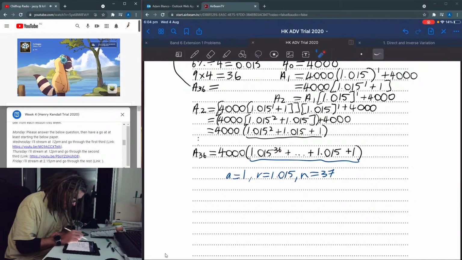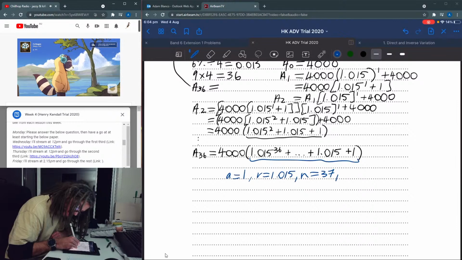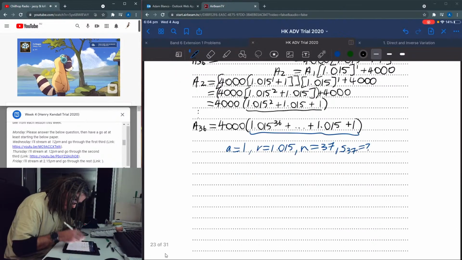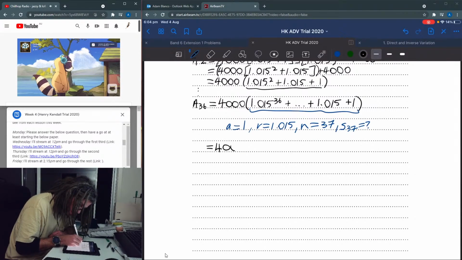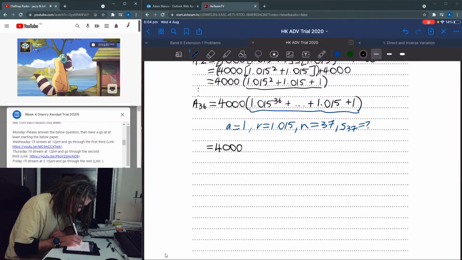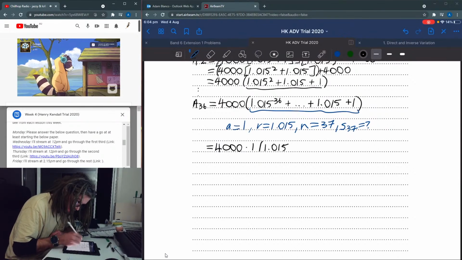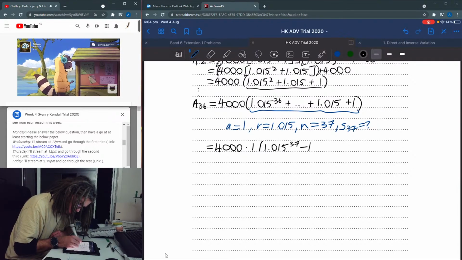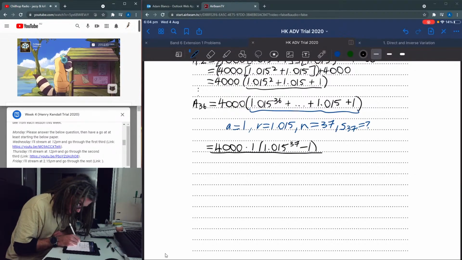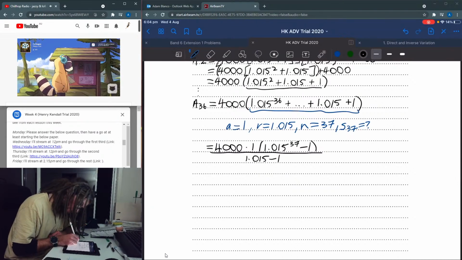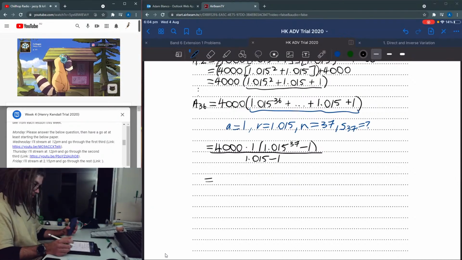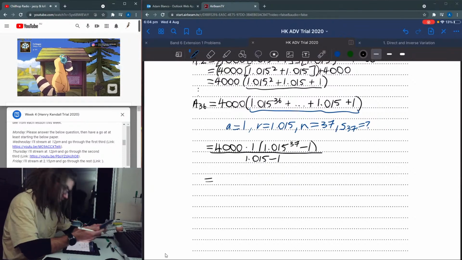So S of 37 is what we're trying to find. Maybe I'll just leave the 4,000 out here. So it's 1 times 1.015 to the power of n minus 1 all over 1.015 minus 1. This is just the sum of a geometric series formula, and that should give me A36. And I bet it equals what I'm trying to find.